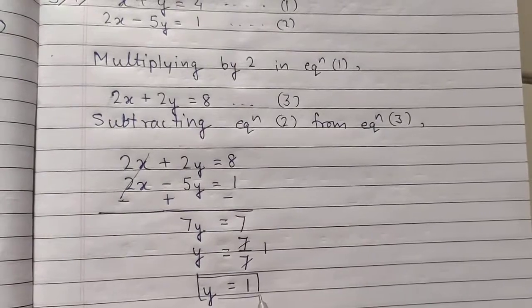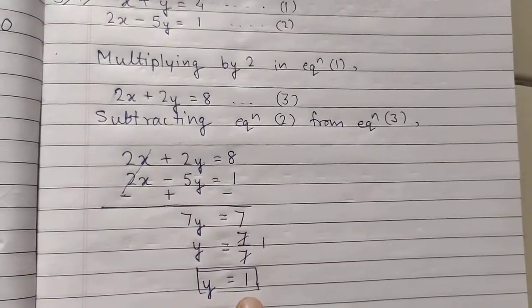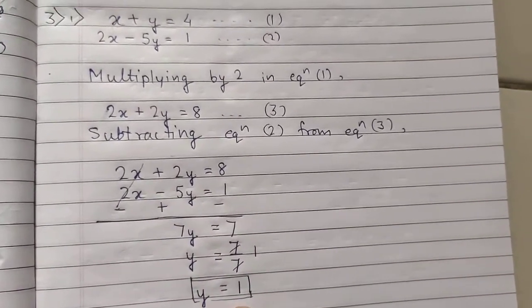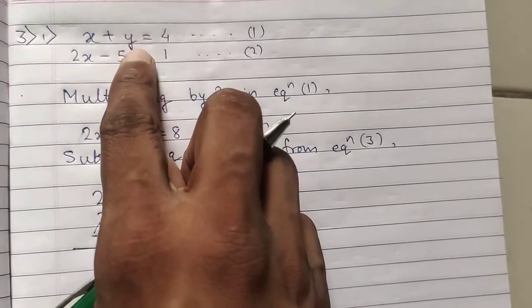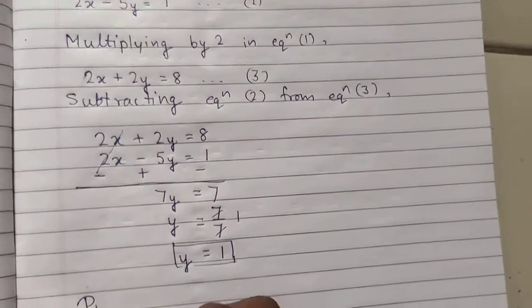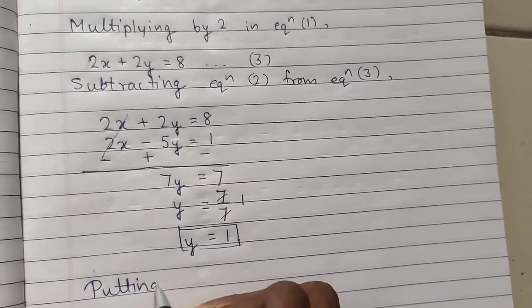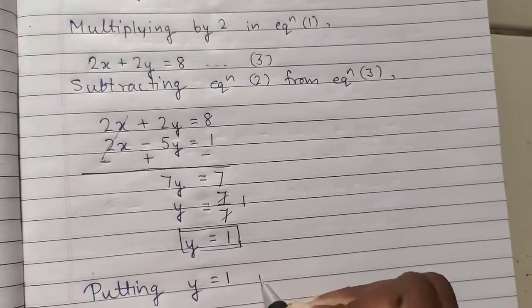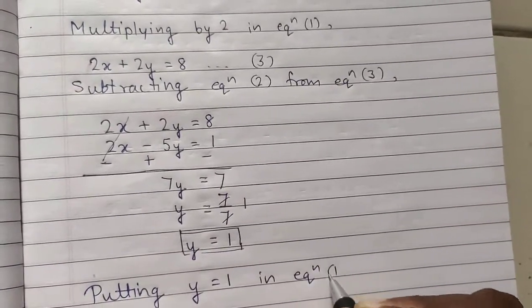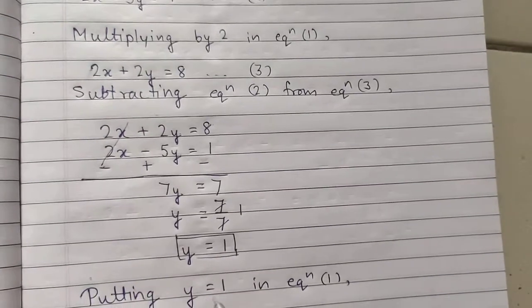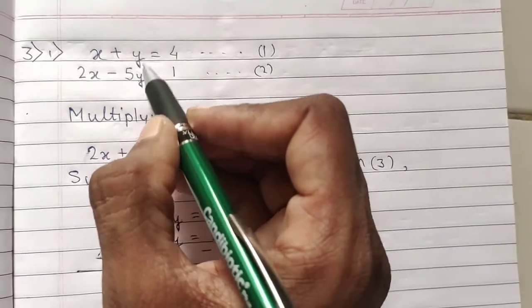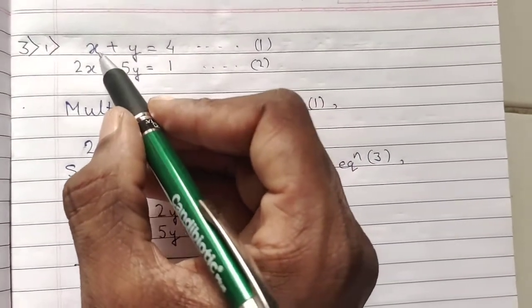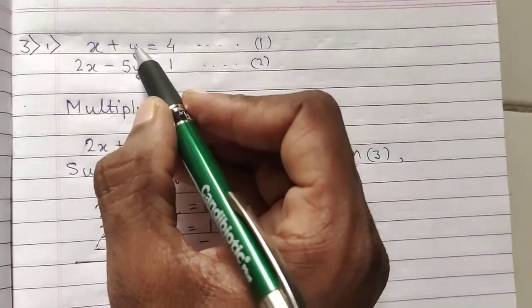Okay, so now you have the value of y as 1. Now in the next step, what we will do, we will put the value of y in the first equation. Okay, so putting y is equal to 1 in equation 1. Now see, in place of y we will write 1 in this equation. So x plus, in place of y we are writing 1, so x plus 1 equal to 4.